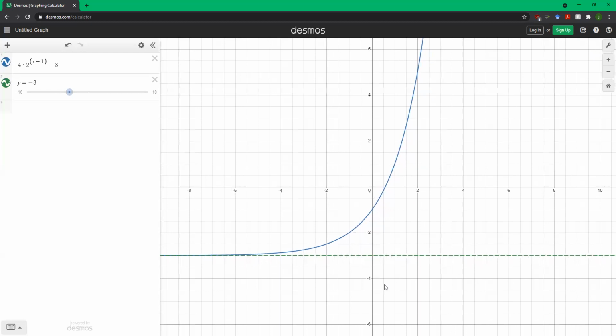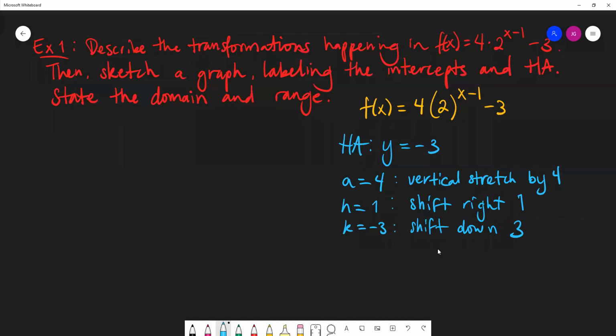Okay. And so here we can find our intercepts. We have one at 0, -1, and one at 0.585. Okay, not a nice x-intercept, but a nice y-intercept. So we can make note of these intercepts. All right, so let's go back. Okay, let's put our graph down.